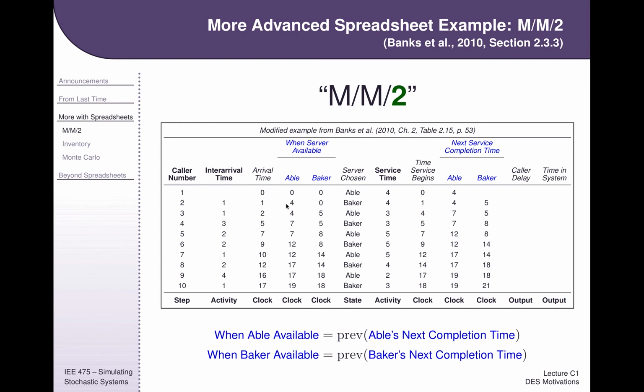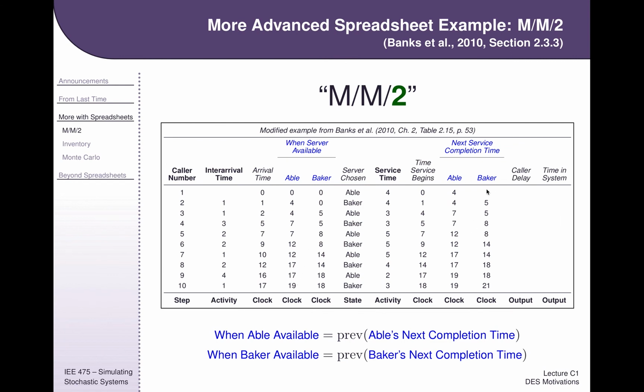Similarly for Baker, when is Baker available? Well, the previous completion time for Baker is implicitly 0. And so Baker's available right now. So that's why customer 2, when they arrive, can immediately get serviced by Baker, because Baker's available now. And then that goes on down through.